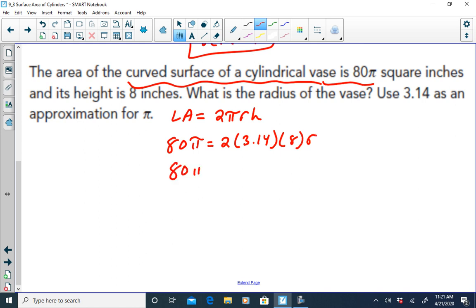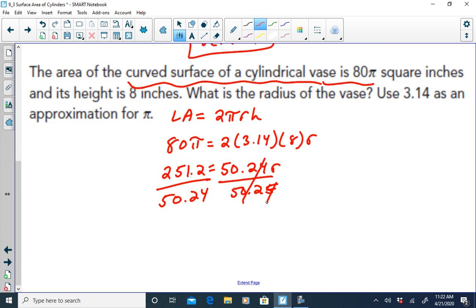So we have 80 times pi is going to be equal to, let's back that up a bit. Instead of 80 times pi, let's multiply the 80 times pi. It's going to be 251.2, and then that's going to be 50.24 times r. And we divide both sides by the 50.24.